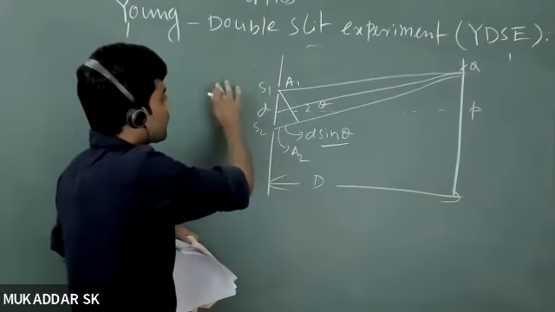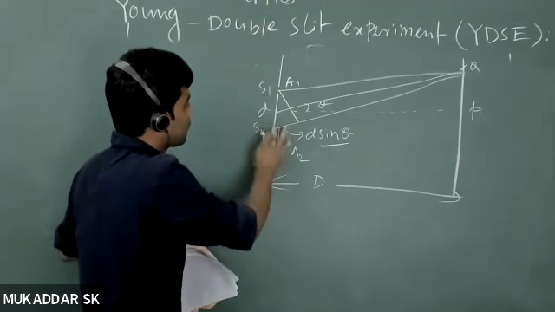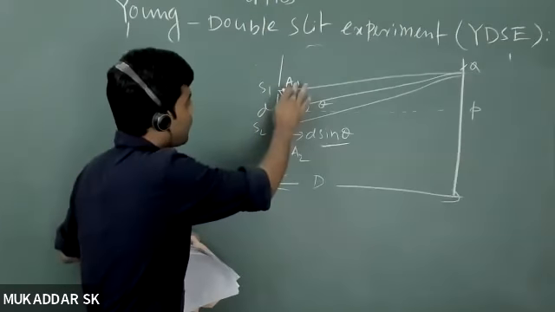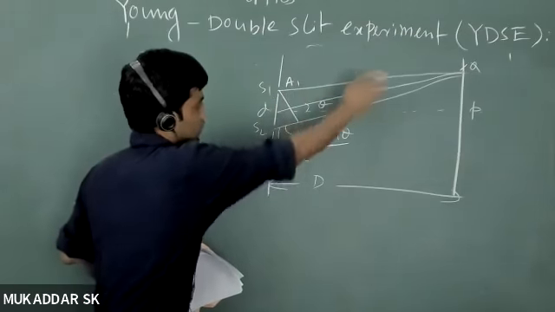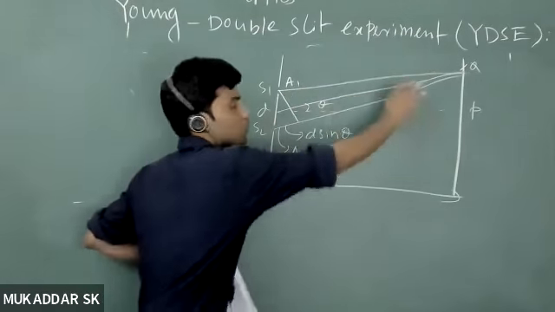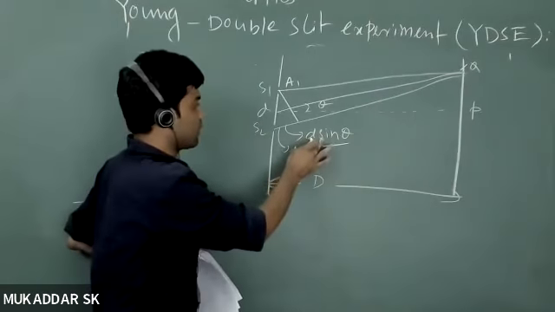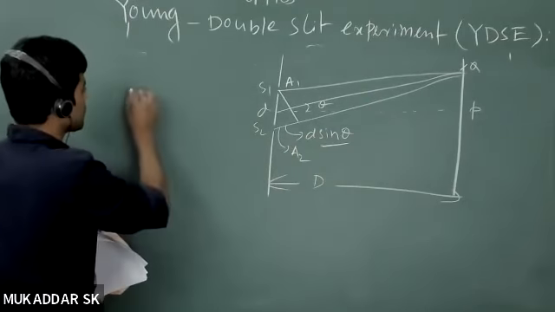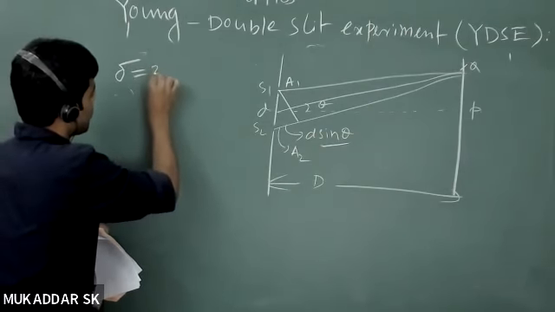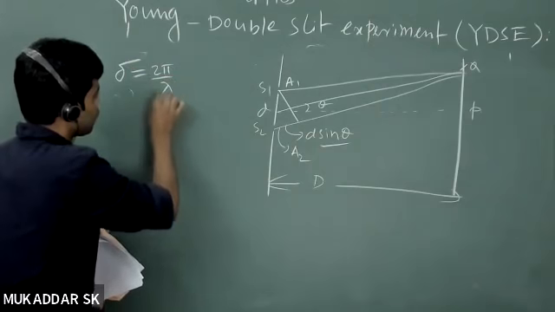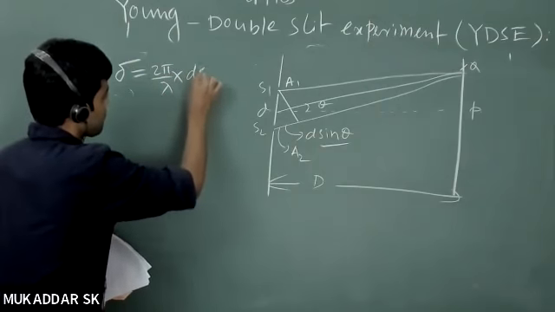So there are rays passing through S1 and S2, with amplitudes A1 and A2. The path difference between these two rays, S1Q and S2Q, is d sine theta. So how much will the phase difference between them be? Let us assume the phase difference is delta. Phase difference is 2 pi by lambda into path difference, d sine theta.